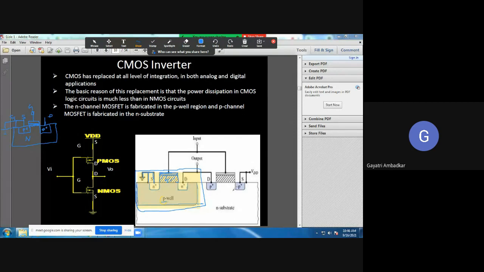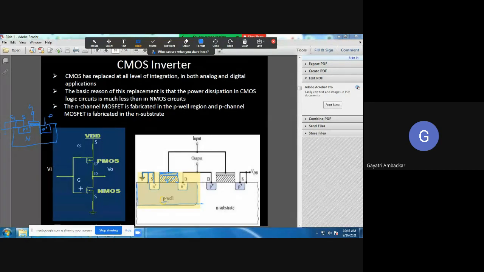So in order to form this complete CMOS, complementary MOSFET, the substrate is made up of N-type semiconductor. The overall substrate is made up of N-type semiconductor. Now when the substrate is N-type semiconductor, you can easily form PMOS in that.